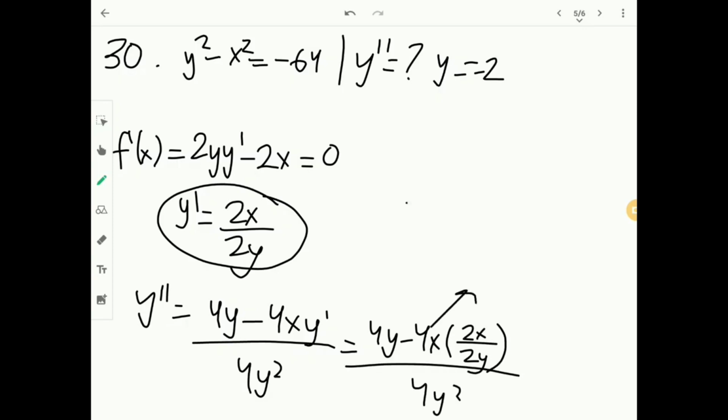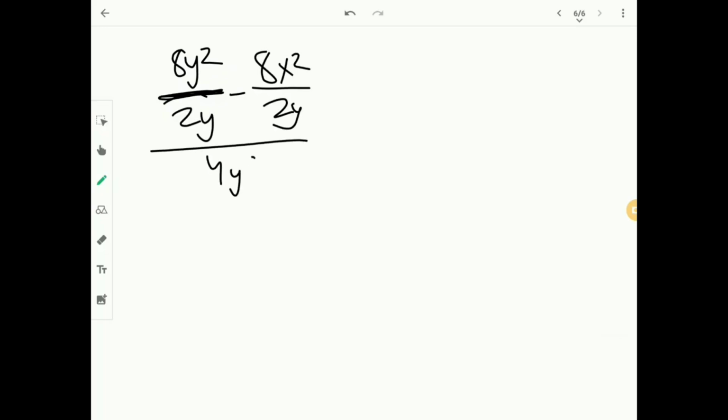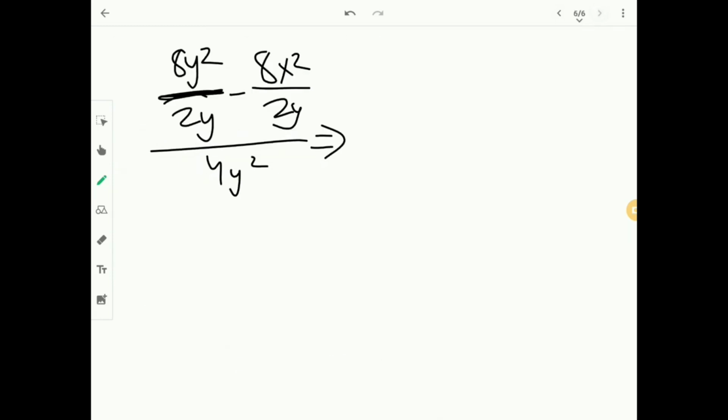You have to do a common denominator: 8y squared over 2y minus 8x squared over 2y, over 4y squared. You take the 2y down, it's 8y squared minus 8x squared over 8y cubed.